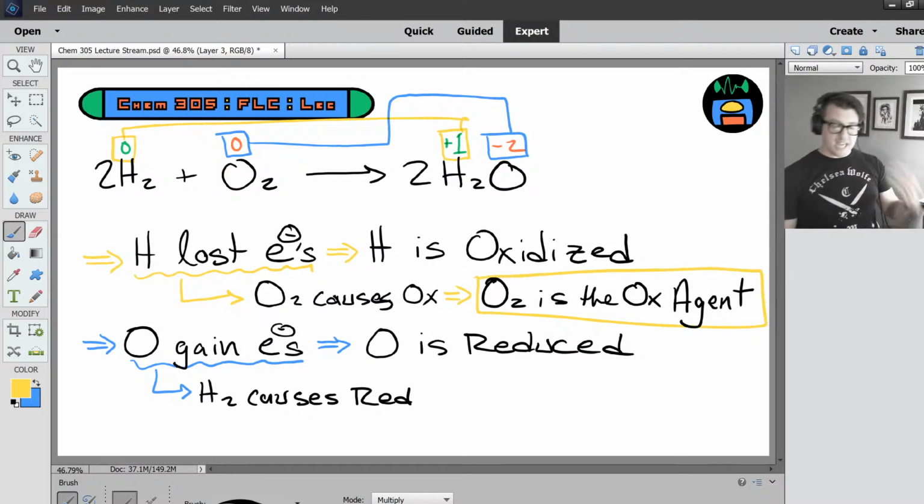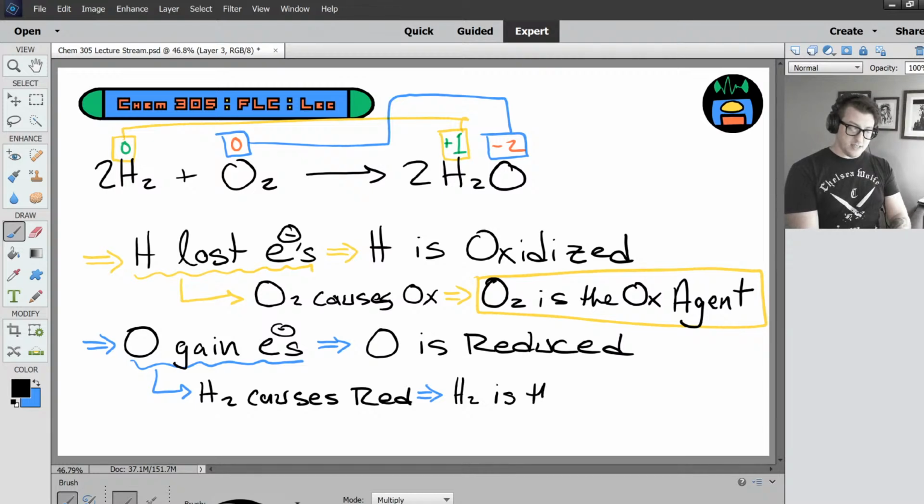Because it is the reagent, it is the molecule that causes hydrogen to lose electrons. In a similar fashion, because H2 is the compound that causes oxygen to gain electrons, we say that hydrogen gas, H2, is the reducing agent.